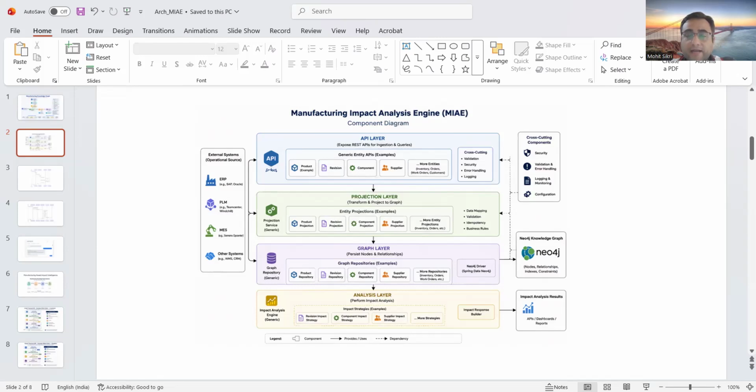Supplier impact evaluates the business and operational risk associated with a supplier. The analysis identifies supplied components, dependent products, and manufacturing activities, helping organizations assess supply chain disruptions and supplier-related risks.